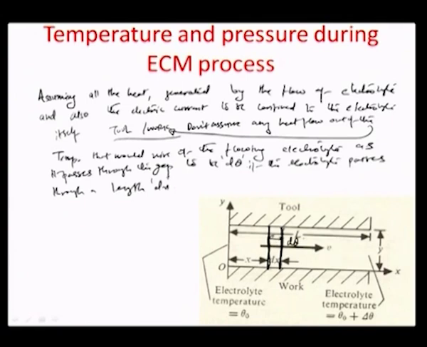So, of course, the amount of heat carried by the electrolyte, delta q dot, is also given as the mass flow rate m dot times the specific heat capacity C times delta theta, right, Q equal to m c t.